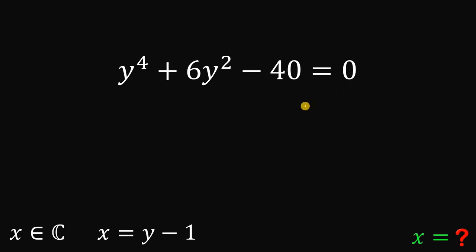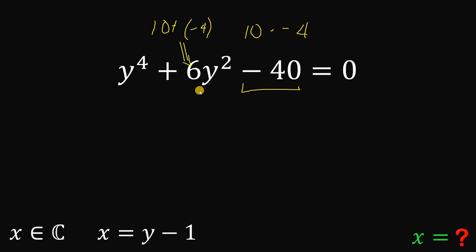Now, let's factor this. This is very easy to factor because negative 40 we can rewrite as 10 times negative 4, and 10 plus negative 4 is simply equal to 6.